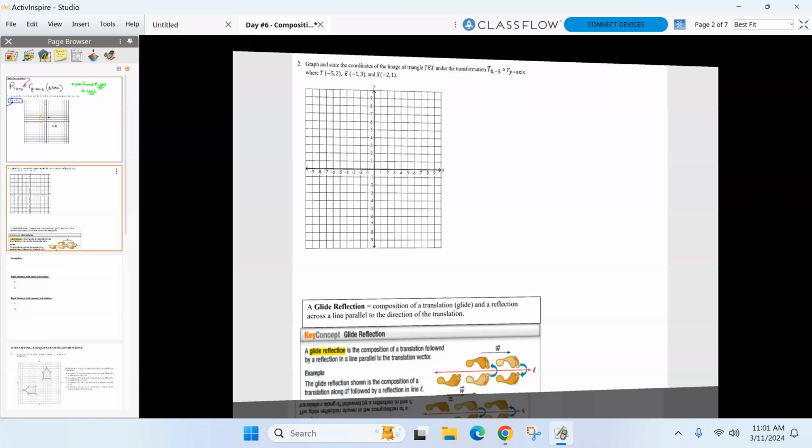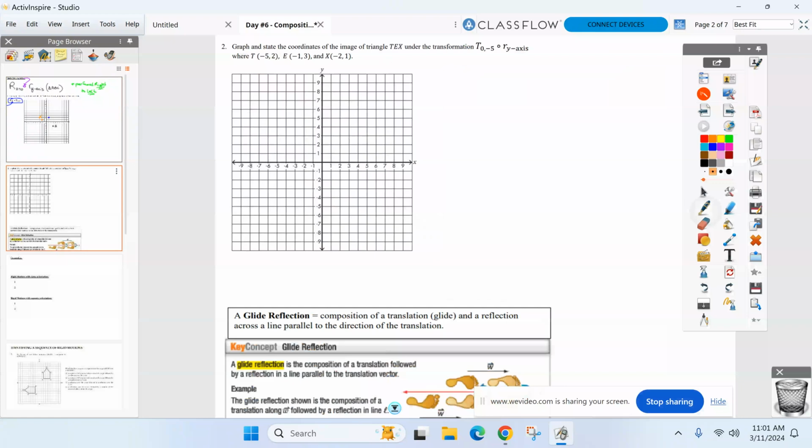So let's try triangle TEX and graph it and perform a composition. Now I'll start asking you guys questions.